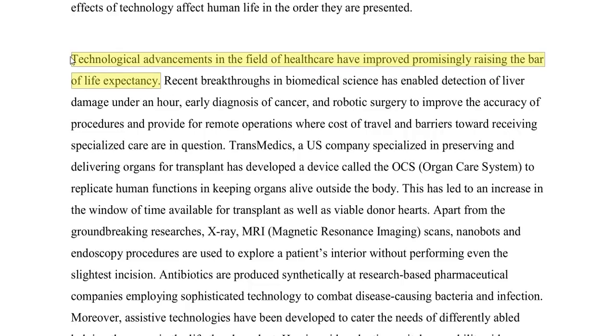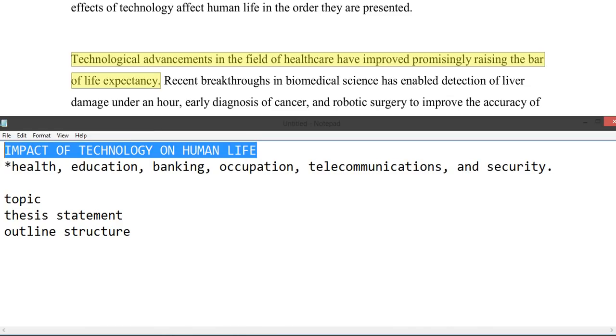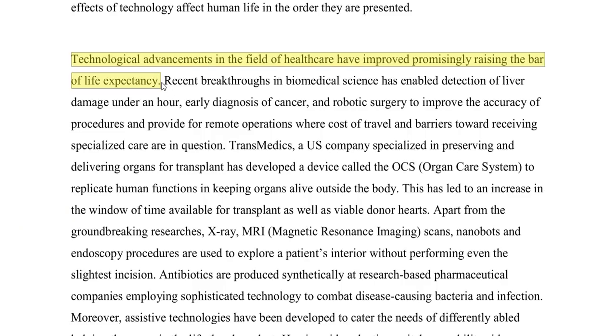In the topic sentence, you can't just say, because the topic of the essay was the impact of technology on human life, you can't use "impact of technology on health" as the topic sentence of the first paragraph. You can, and you'll get marks for identifying the topic sentence, but for the purpose of reading, it won't be that nice.